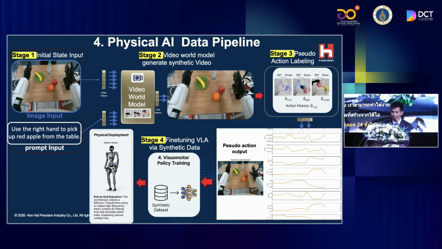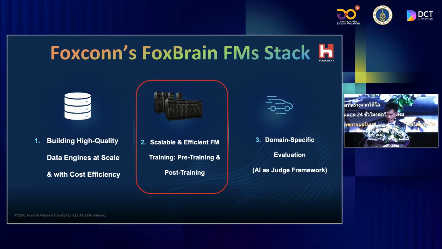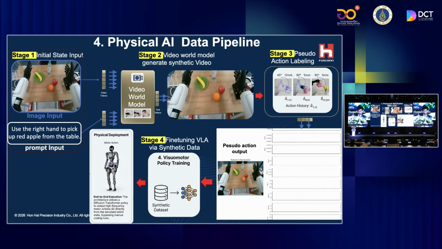In this case, I can use a text prompt to let the robot pick the apple, or the orange, or the banana, or the water bottle, easily just using a prompt and letting the model generate the content, right? And then from that, I can use a pseudo-generated action.